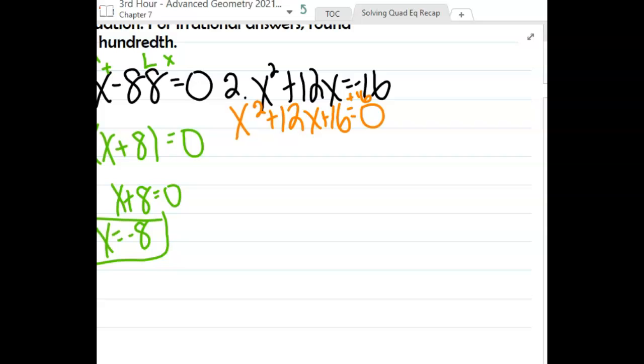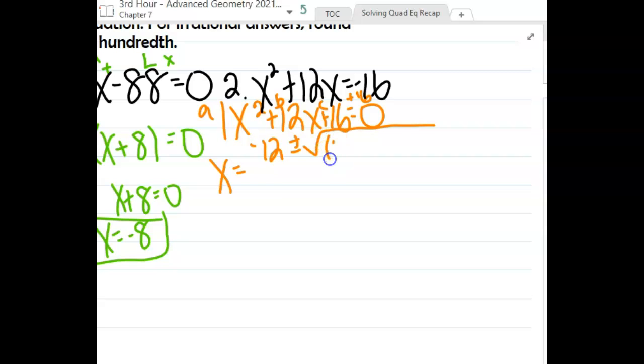It's not possible. So check, try, but if you can't factor it, you're going to have to use the quadratic formula. So for the quadratic formula, A would be 1, B would be 12, C would be 16. So if I plug these into my quadratic formula, we're going to start with the opposite of B. So negative 12 plus or minus the square root.